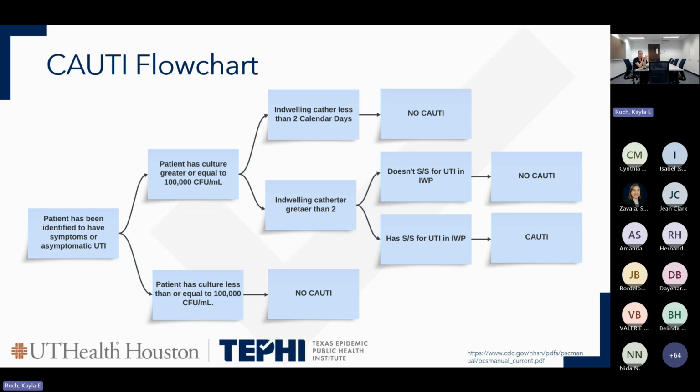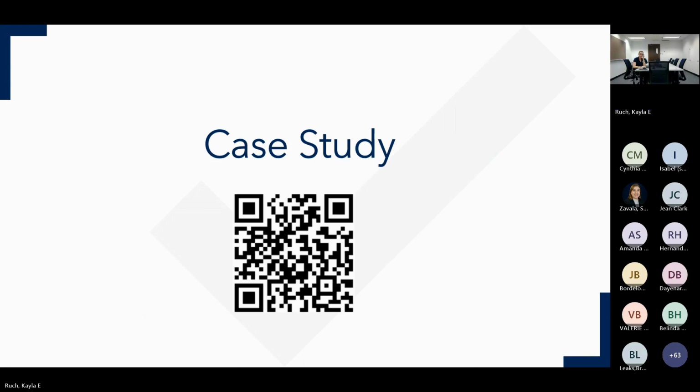That's the number that it needs to be. And then they have a culture growth of greater than or equal to 100,000. And then you want to make sure that they've had their indwelling catheter for more than 2 days. They have symptoms of UTI, and that's kind of the overall visual flow of the UTI workup. So with that information, now we will start our case study.